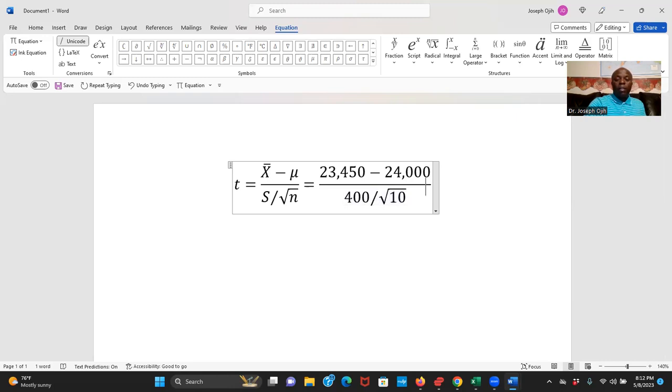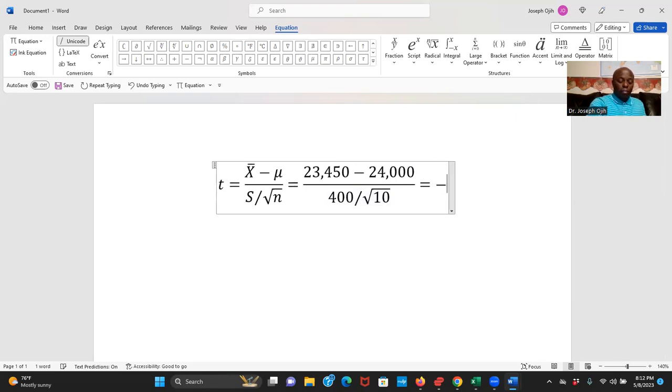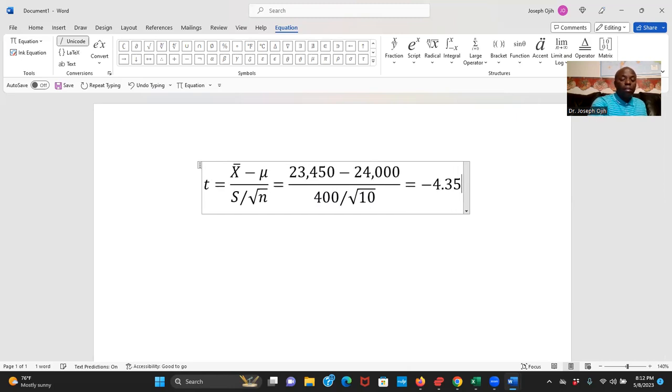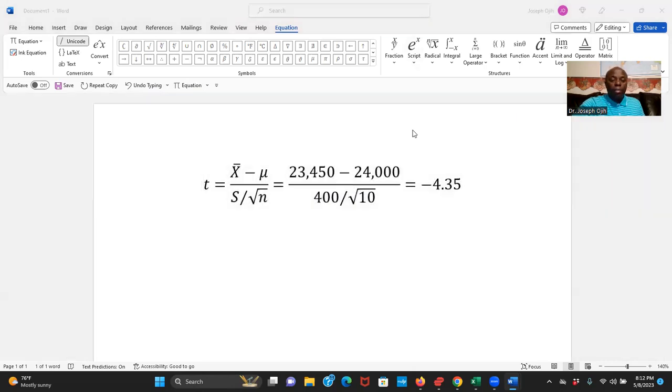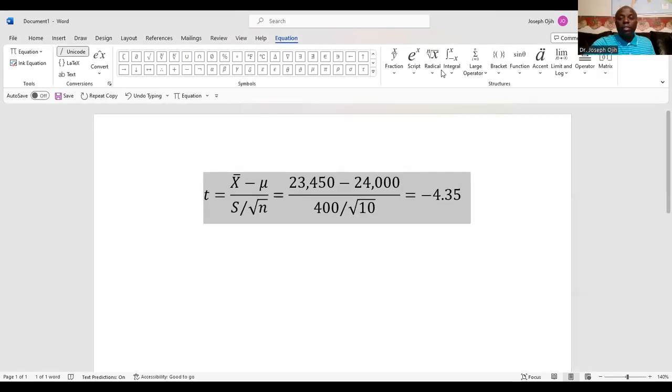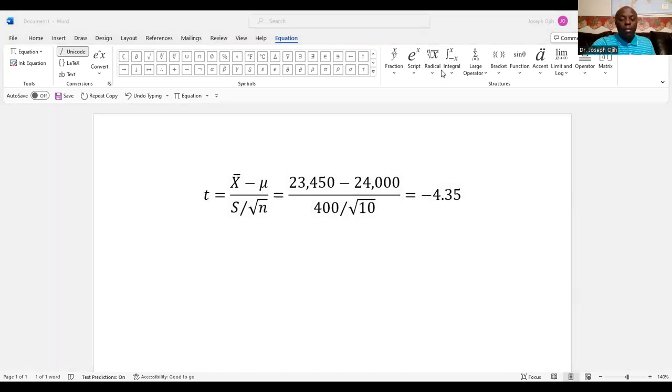And we got the answer from the calculator as negative 4.35. So I copy this, and then paste it on our main workbook. Our main workbook is right here.